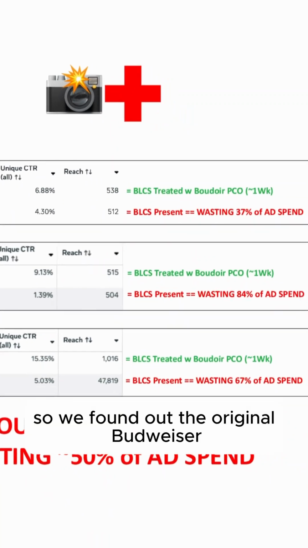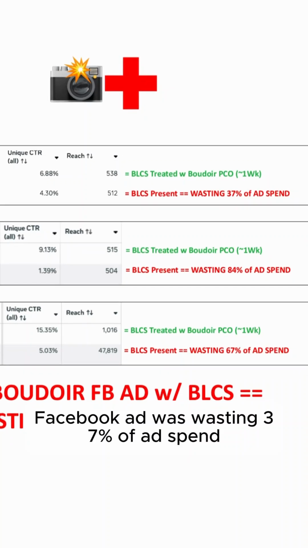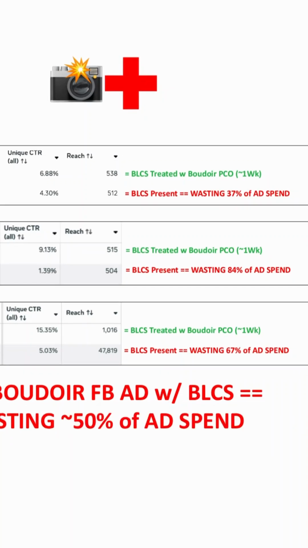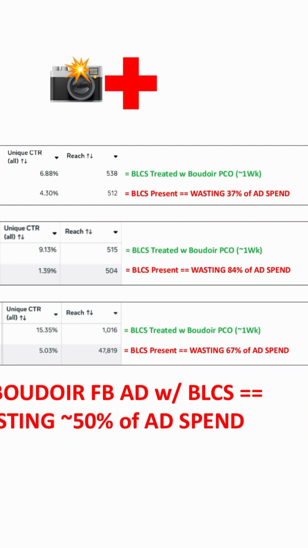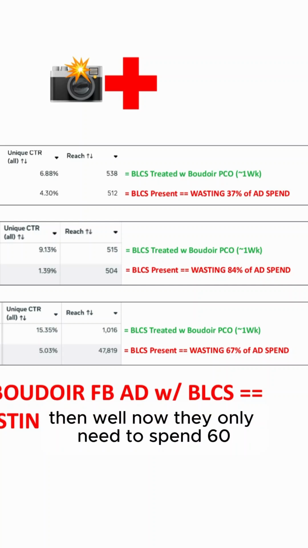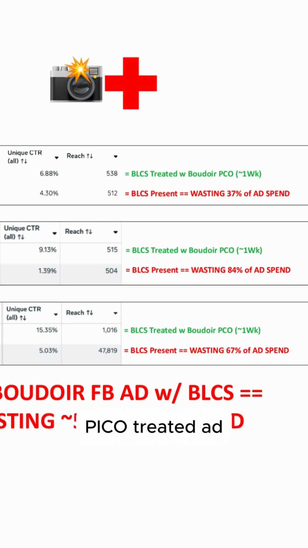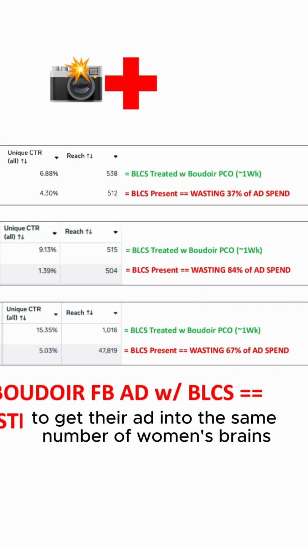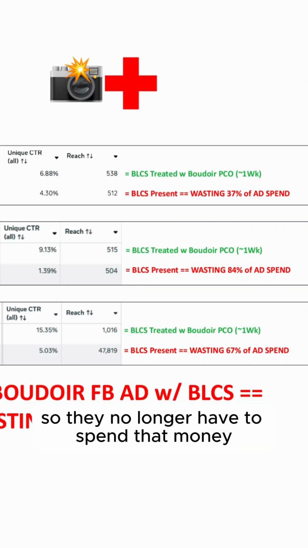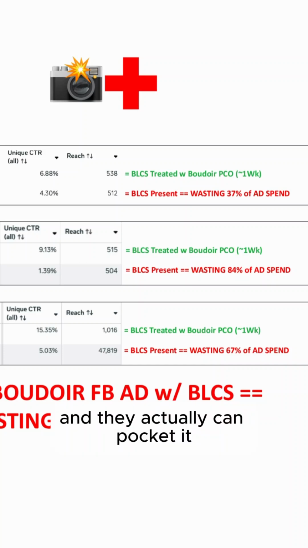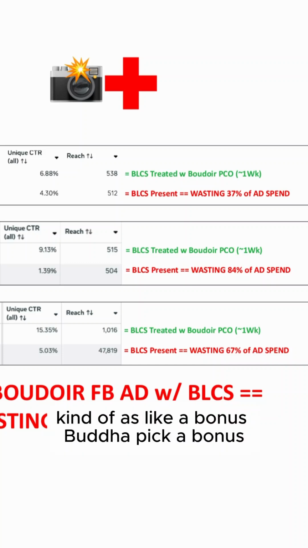So we found out the original Boudoir Facebook ad was wasting 37% of ad spend, which means that they're spending 10 grand a month on the original Boudoir Facebook ad. Now they only need to spend $6,300 a month on the Boudoir Pico treated ad to get their ad into the same number of women's brains. And so they no longer have to spend that money, and they actually can pocket it kind of as like a bonus, Boudoir Pico bonus.